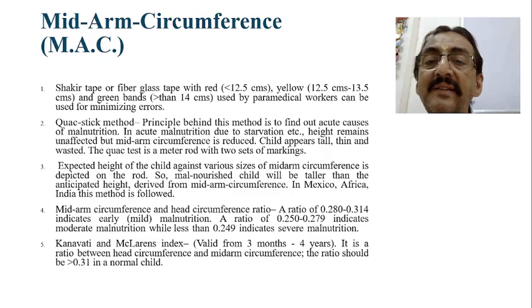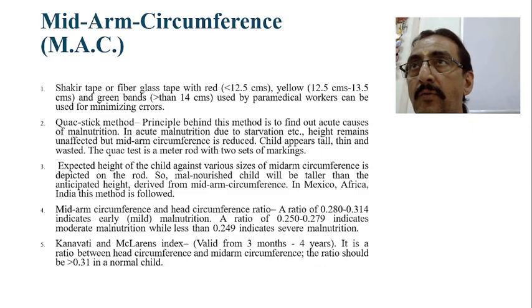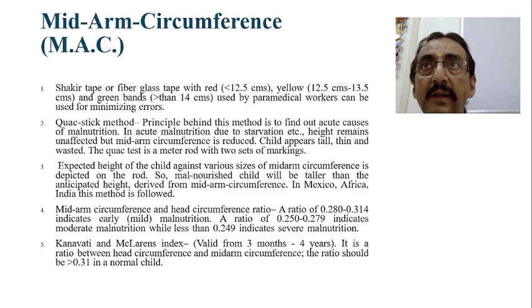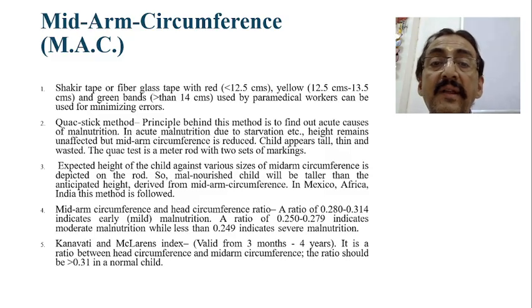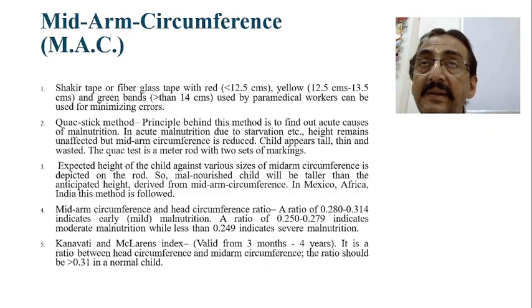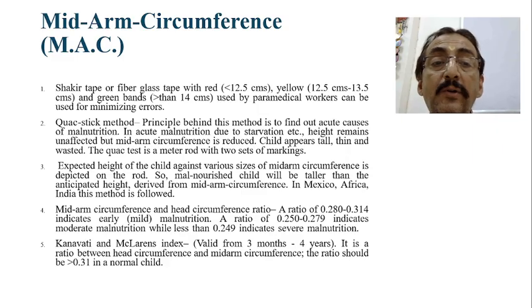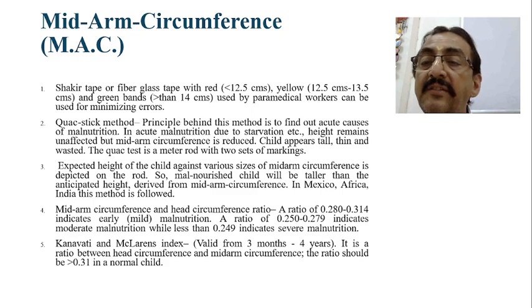The quack stick is a meter rod with two sets of markings. Expected height of the child against the various sizes of the mid-arm circumference is depicted on that rod. You can look into the figure. So a malnourished child will be taller than the anticipated height derived from the mid-arm circumference. In Mexico, Africa and India, this method is followed.